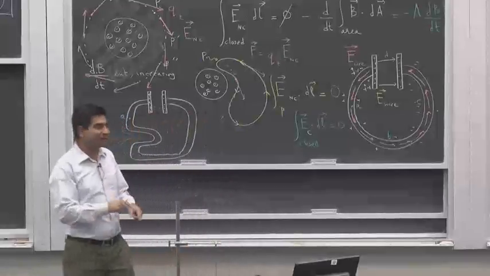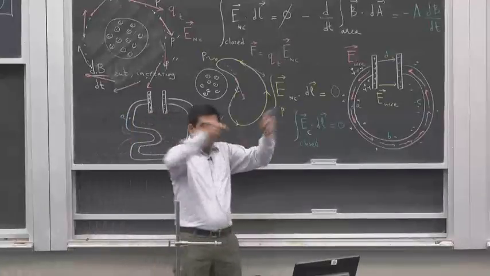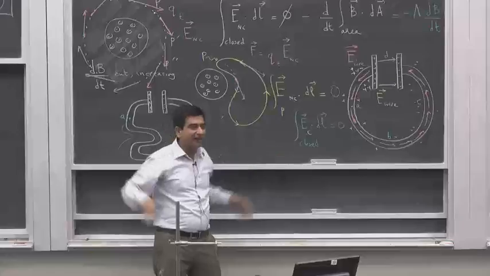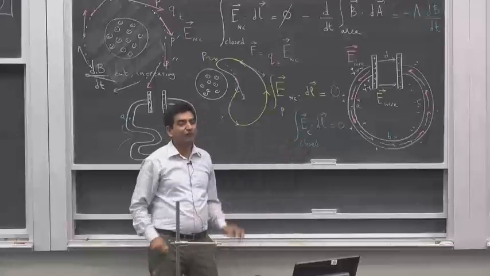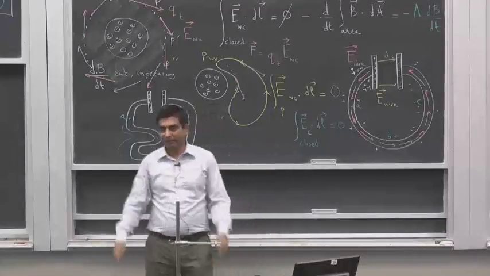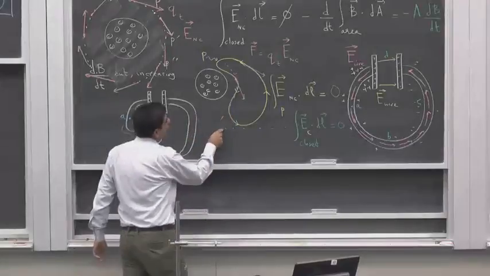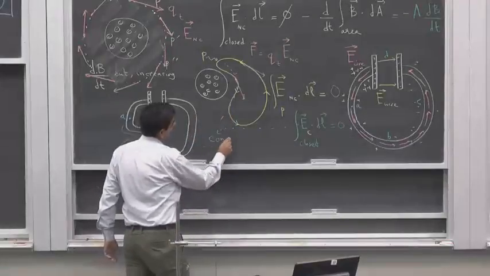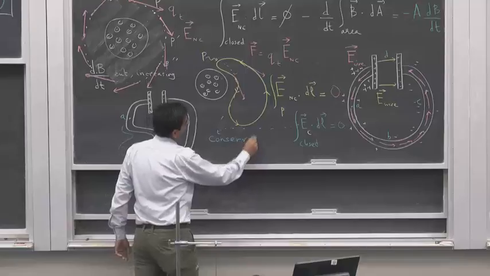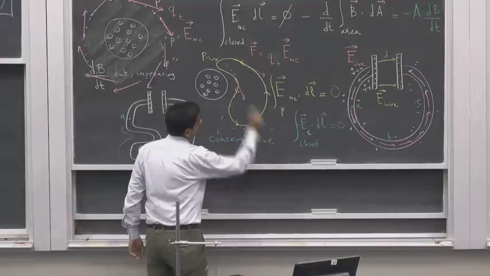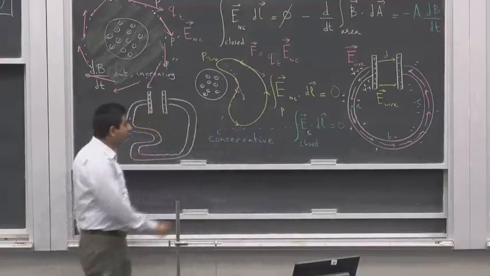So on any surface, if I make a round trip, the line integral of a Coulombic electric field is going to be 0. So such a field is called a conservative field. Which is path independent.